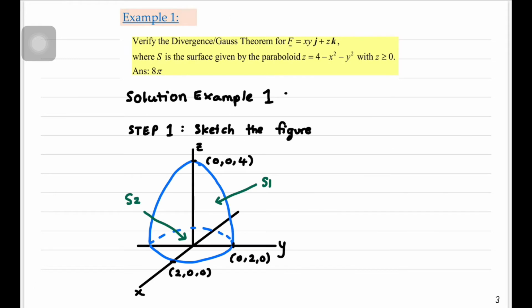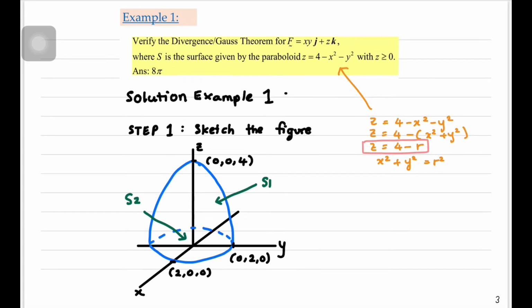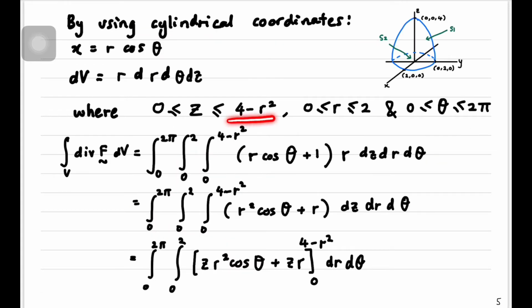Because from this equation, z is equal to 4 - x² - y², and you know that the circle equation is x² + y² = r². So z is equal to 4 - r². So this curve is given by this equation, z = 4 - x² - y², and that's how you get 4 - r².